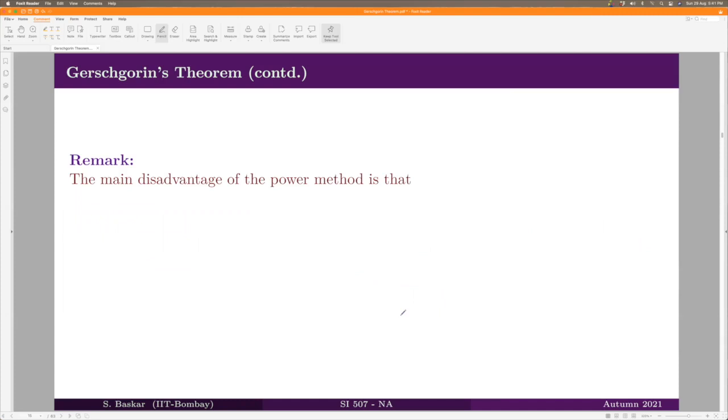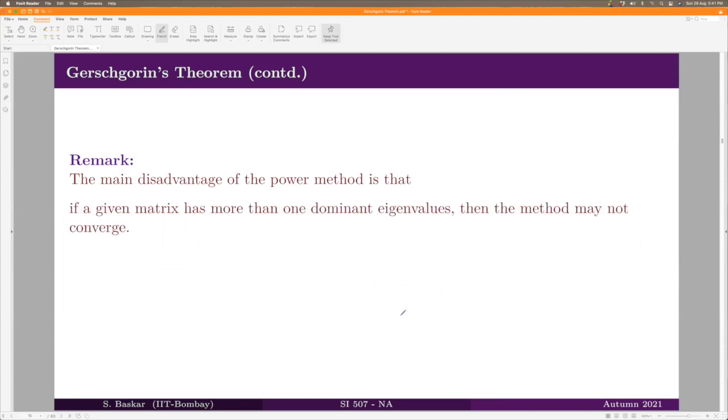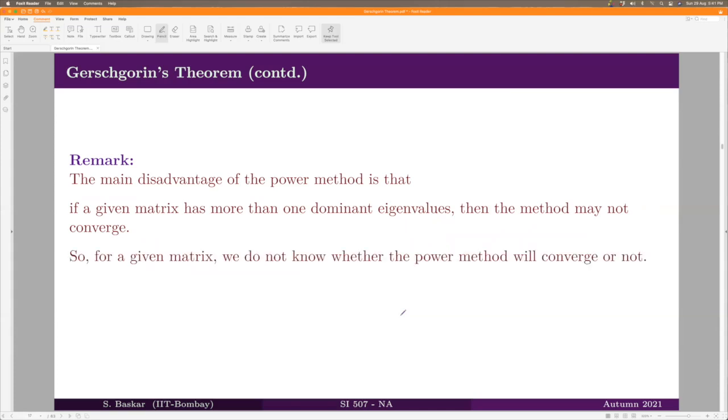As I already remarked, the main disadvantage of the power method is that if a given matrix has more than one dominant eigenvalue, then the method may not converge, right? That we have seen in the last class as hypothesis 1 of the power method. So for a given matrix, we do not know whether the power method will converge or not, because we don't have the information whether the matrix has a dominant eigenvalue or not.